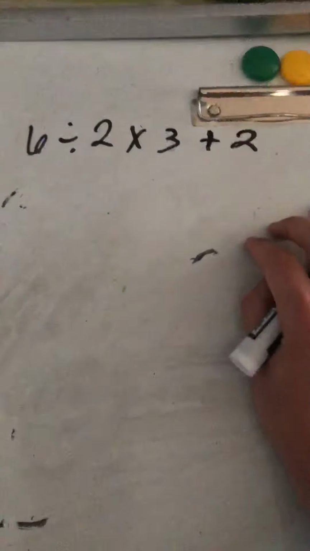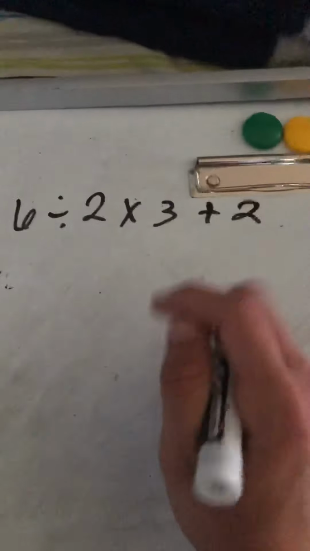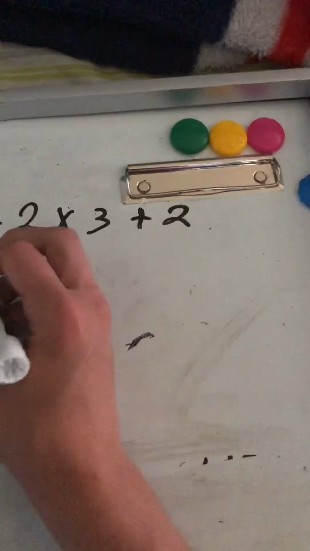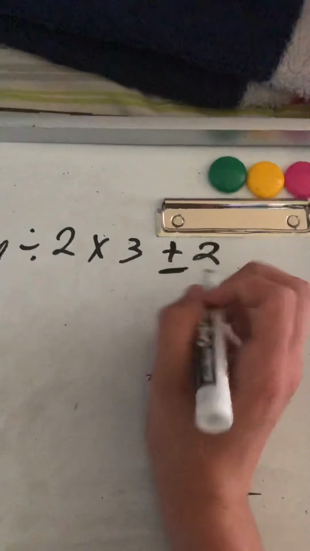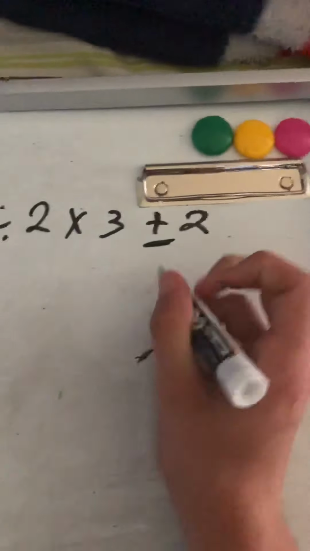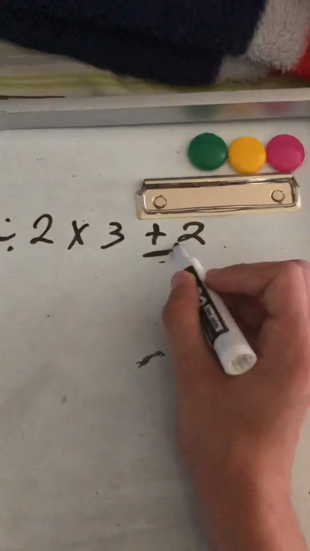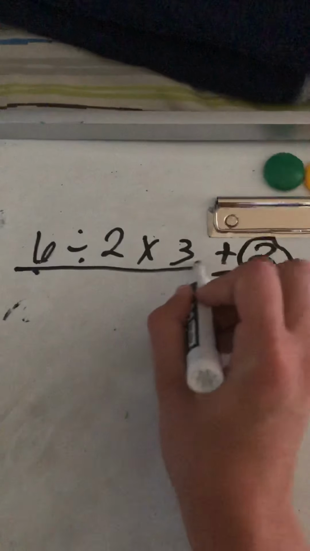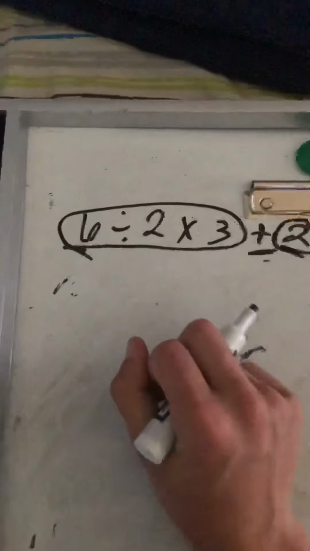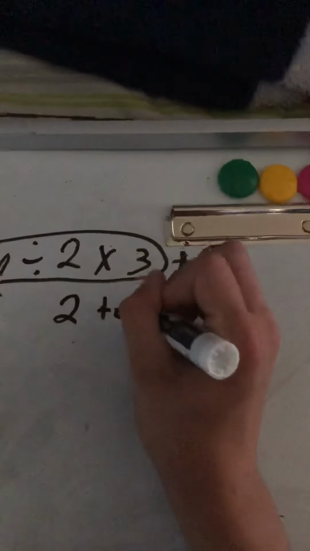How many do you think are going to be in that? It's correct, 2. You would say it's 2 because this addition sign separates these two parts. So that would be one term, and this whole thing right there is one term by itself. So we would have 2 terms.